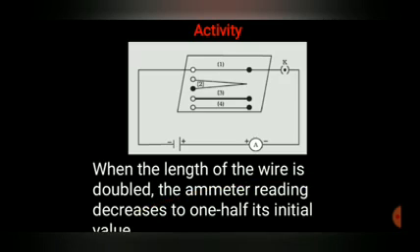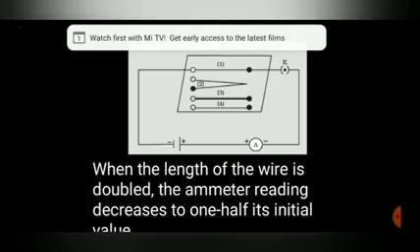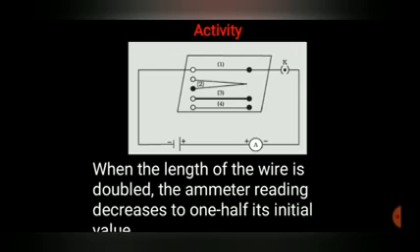When the length of the wire is doubled, the ammeter reading decreases to half of its initial value. In the second case, the wire we have taken is doubled. In the first figure, the same length of the wire is taken. Here the wire is nichrome wire.